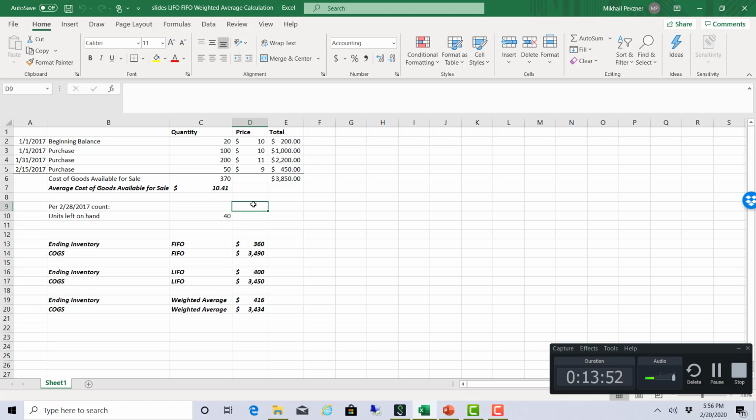So if you look at my example, it's interesting that under FIFO, my cost of goods sold was higher. The LIFO was lower.